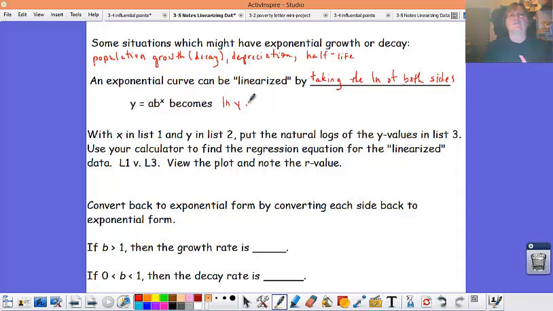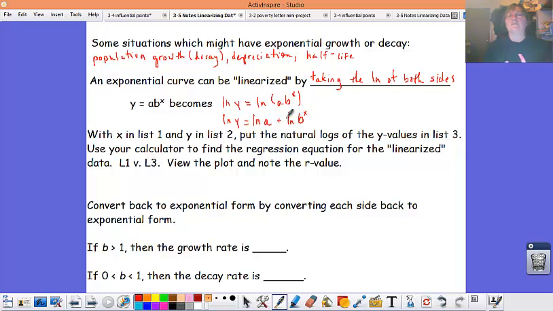The natural log of y will equal the natural log of whatever's over here, a b to the x. Now we're going to remind you of some of the properties of logarithms. When you see a multiplication like this, you will remember that the log properties say that if we have a product here, we can break that out as an addition. So this would be the natural log of a plus the natural log of b to the x.